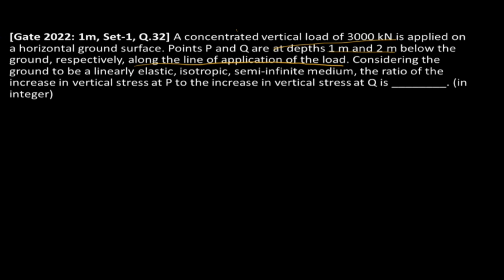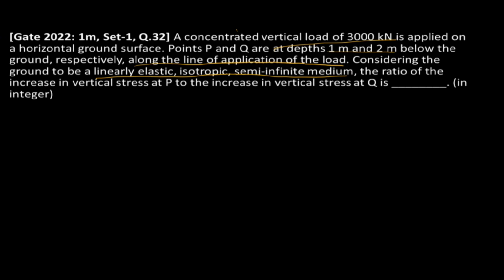They didn't directly ask us to find using the Boussinesq method. What they have given is to consider the ground to be linearly elastic, isotropic and semi-infinite medium. That is the assumption of the Boussinesq equation. So from this we come to know that we have to find using the Boussinesq theory.